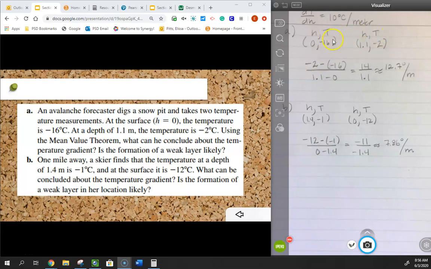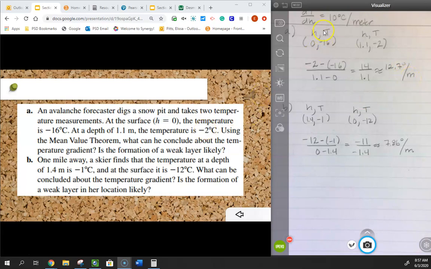So negative 2 minus negative 16 over 1.1 minus 0 is 14 over 1.1, which is approximately 12.7 degrees per meter. So the mean value theorem tells us that because the slope between those 2 points is equal to 12.7, there has to be somewhere within that region between 0 and 1.1 where the temperature gradient has to reach 12.7 degrees per meter.